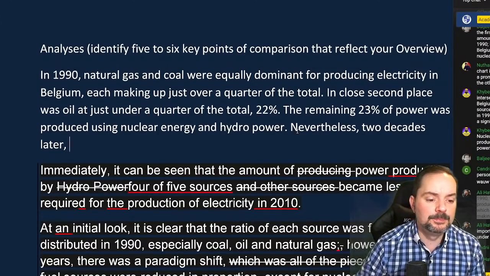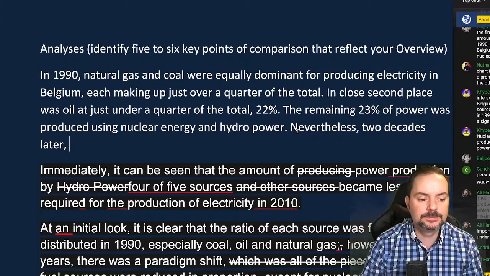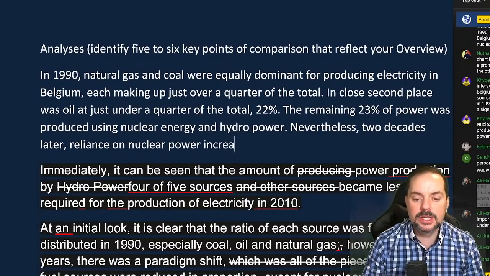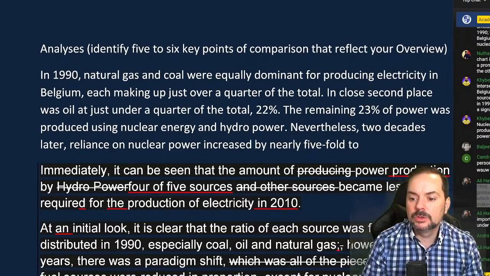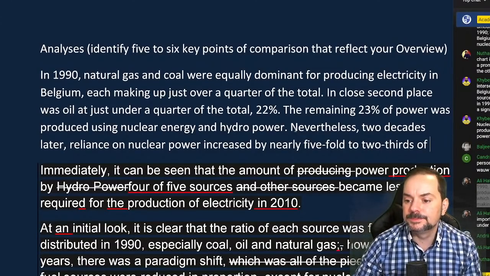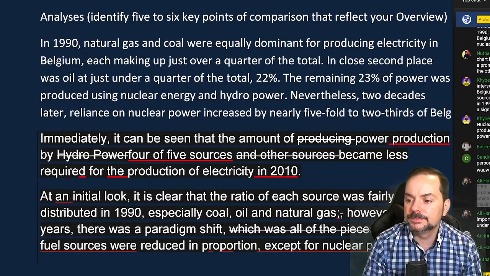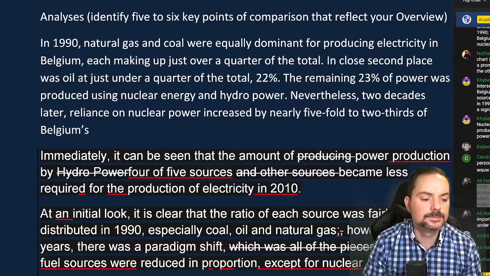Okay, nuclear power reliance on nuclear power increased by nearly 5-fold to 2/3 of Belgium's electrical power output.